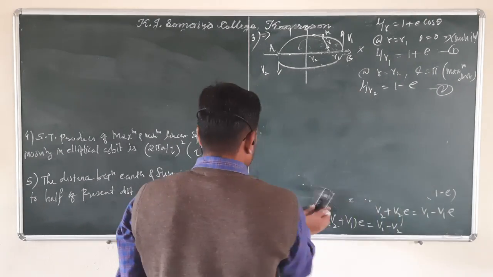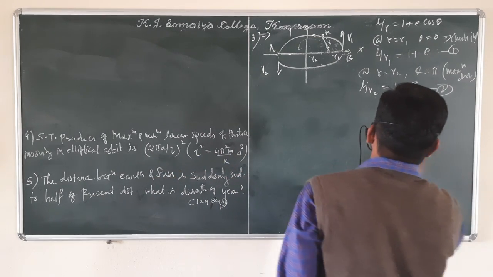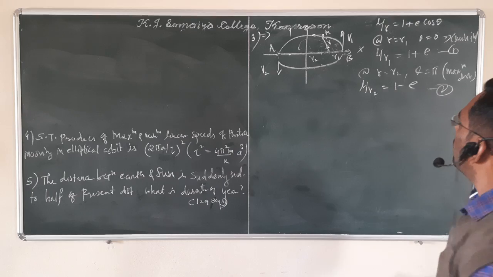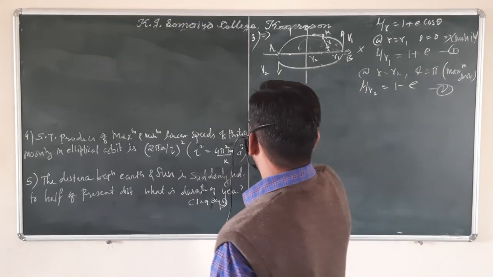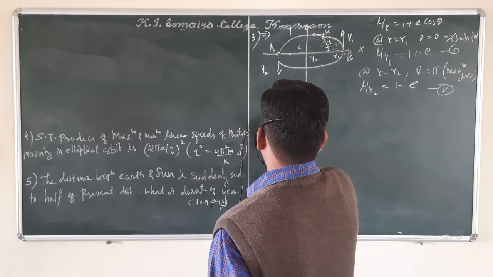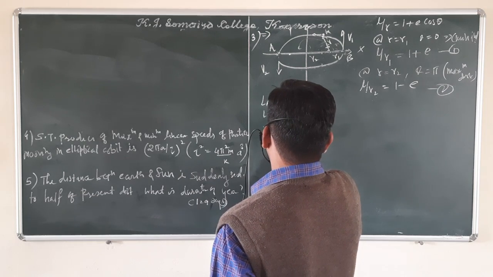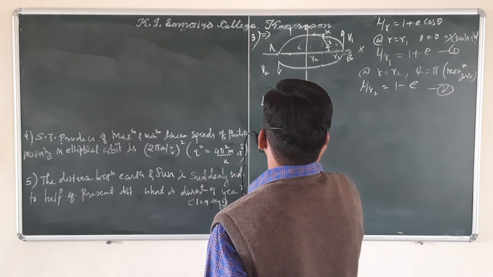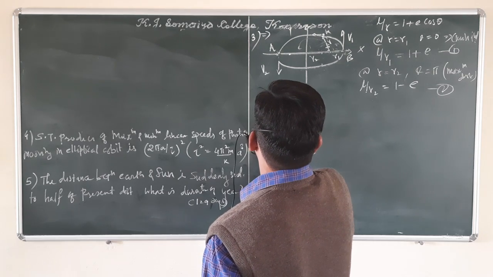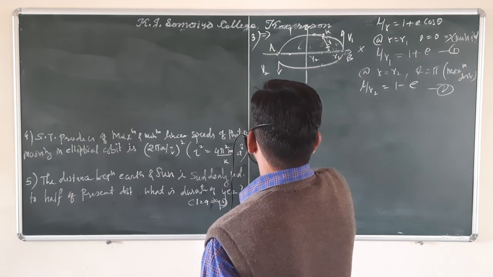Up to here we can use the same equations that we did for the first problem. Angular momentum at A is m v1 r1, and angular momentum at B is m v2 r2. Here I think this is at B and this is at A.